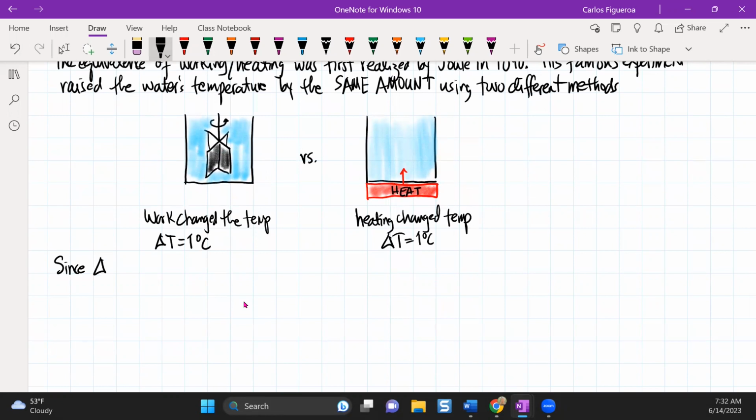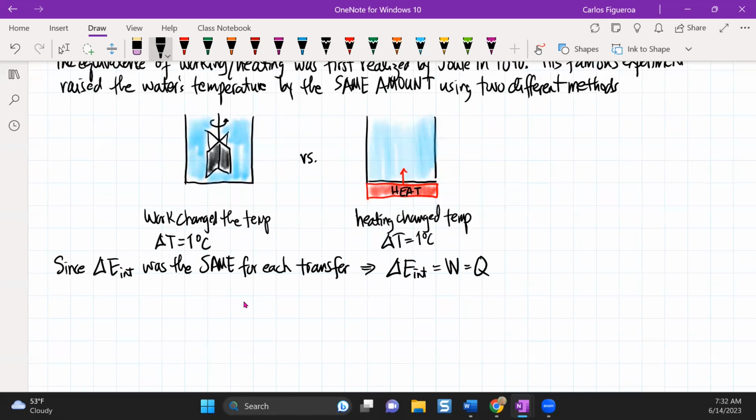Since the change in internal energy was the same for each transfer, that implies then the internal energy was changed by either working or heating. And as a consequence of this, we could see here that working and heating are on a one-to-one footing.